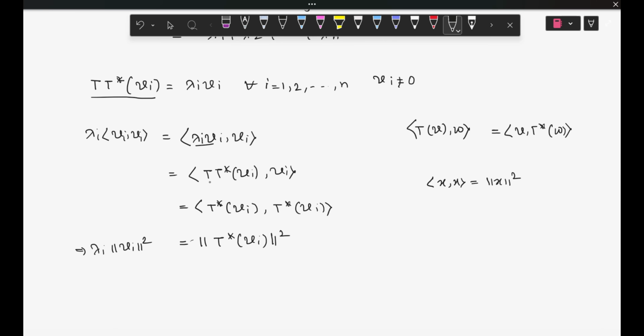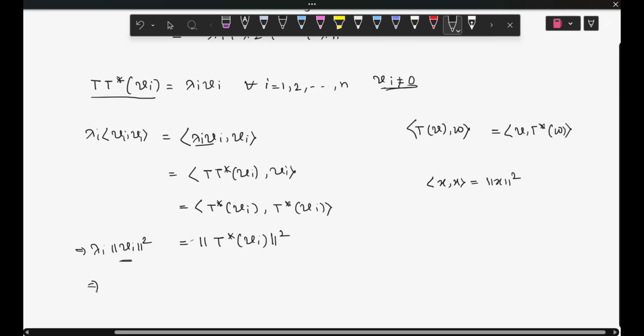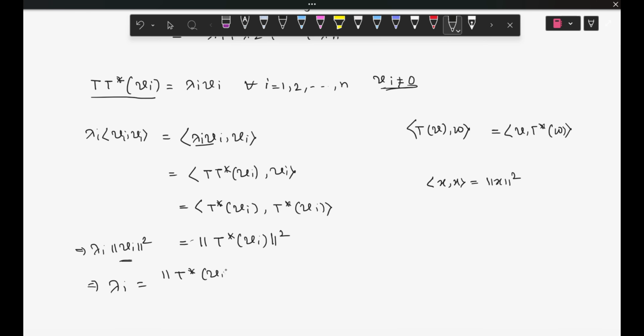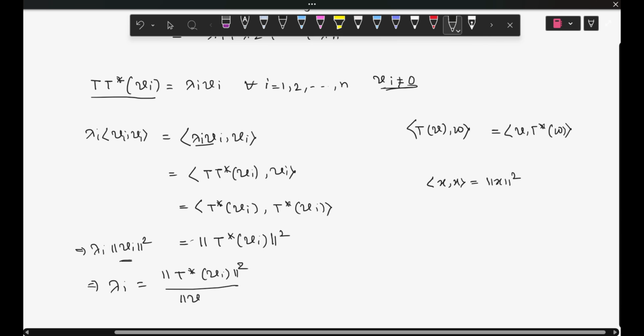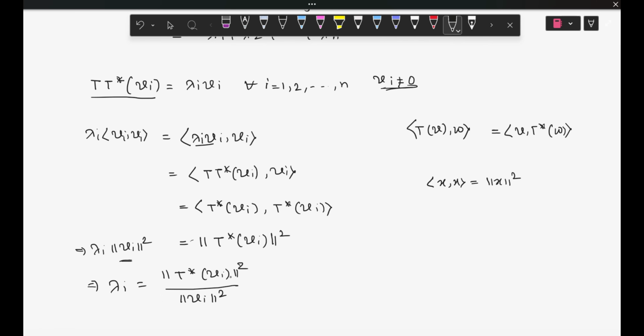Since vi is non-zero, this is a non-zero real number. Then I can write lambda i equals the norm of T star vi whole square divided by the norm of vi square. Note that the square of a norm is always greater than or equal to 0.